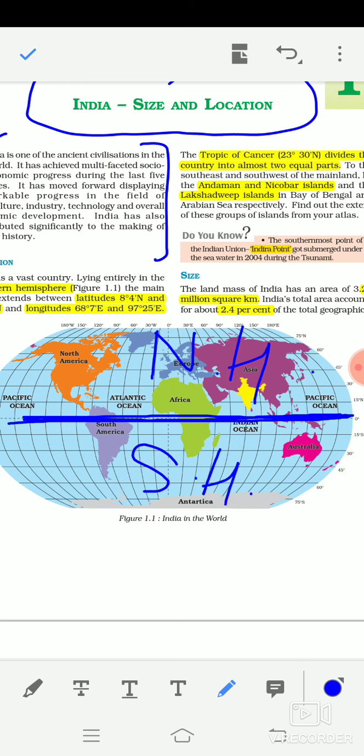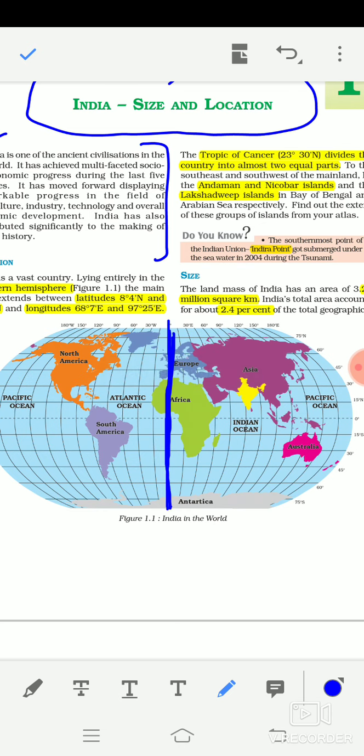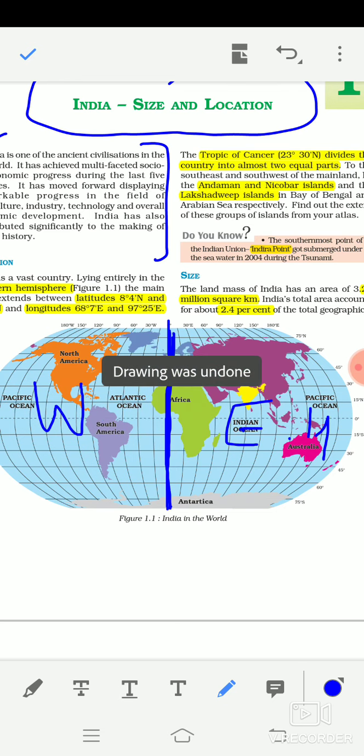In the same way, the 0 degree longitude line is also dividing the earth into hemispheres: this is the eastern hemisphere, this is the western hemisphere. This basic concept is clear.